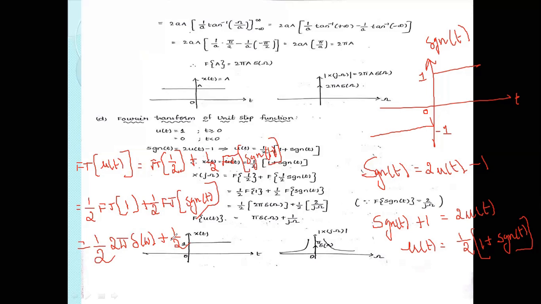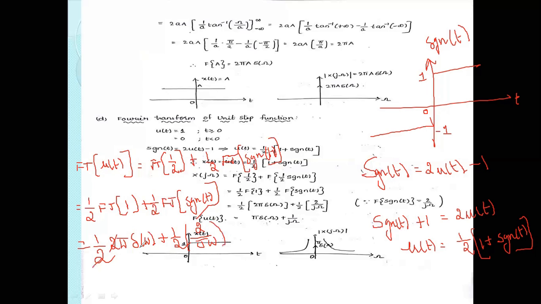What is the Fourier transformation of signum of t? Because its value is 1 for positive values and minus 1 for negative values, the Fourier transformation of the signum function is 2 by j omega.